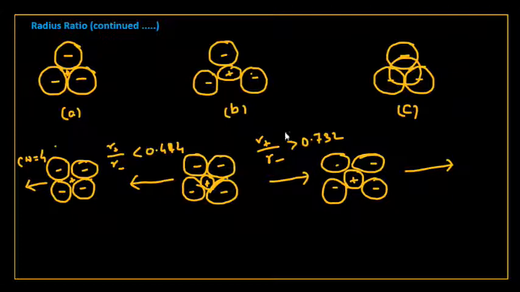So here coordination number is 8 and it changes to BCC arrangement, and in this case it changes to coordination number 4. Right, here coordination number 4, and it changes to tetrahedron arrangement.